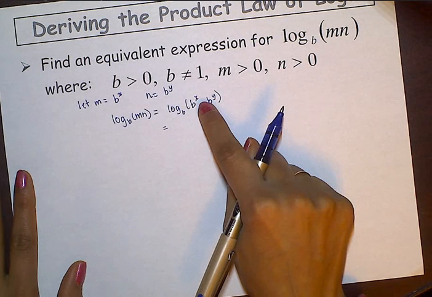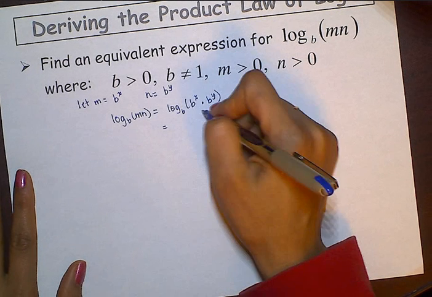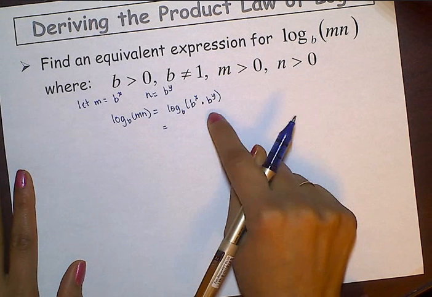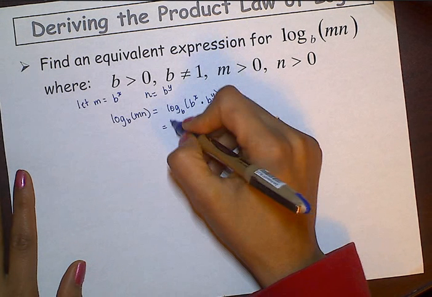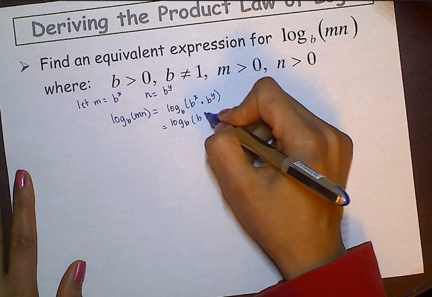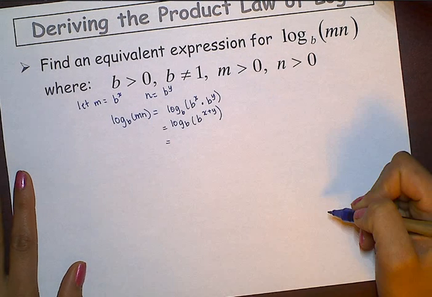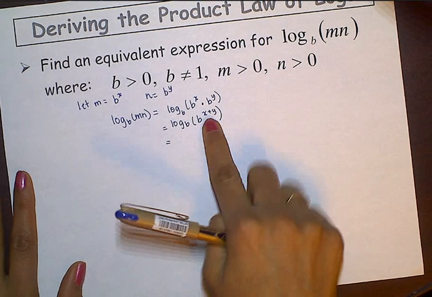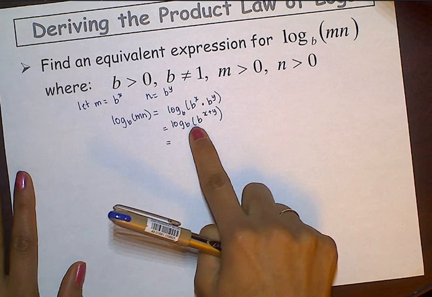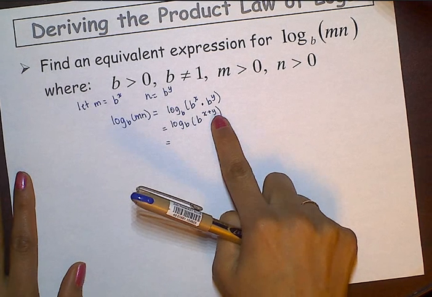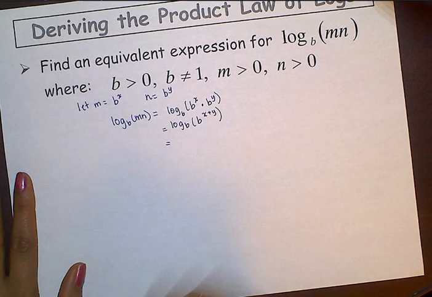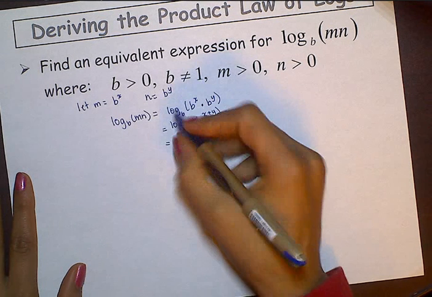So it's log of b to the power of x plus y. And also now using our power law, when we have an exponent raised and we have a logarithmic function, we can then bring that exponent down and multiply it with a logarithmic function. So here I have x plus y times log base b of b.